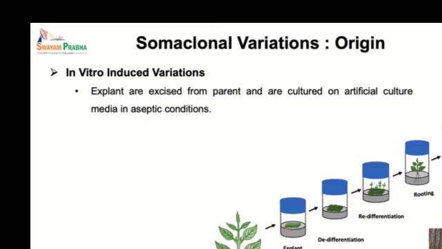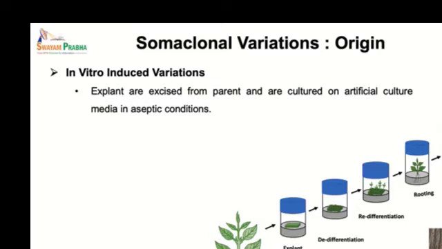Any of the genetic variations that are present in the explant tissues when we harvest it from the donor plant is called pre-existing variability, as we discussed in the last slide.